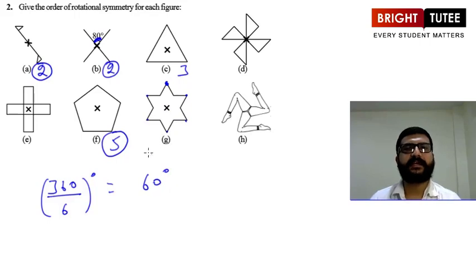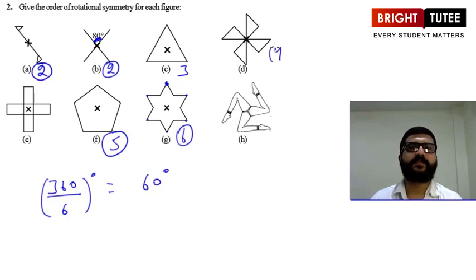And we will observe that while rotating this by 360 degrees, there will be 6 positions at which we are going to get exactly the same shape. So the rotational symmetry for this one will be 6. That is, the order of rotational symmetry is 6 for this figure.